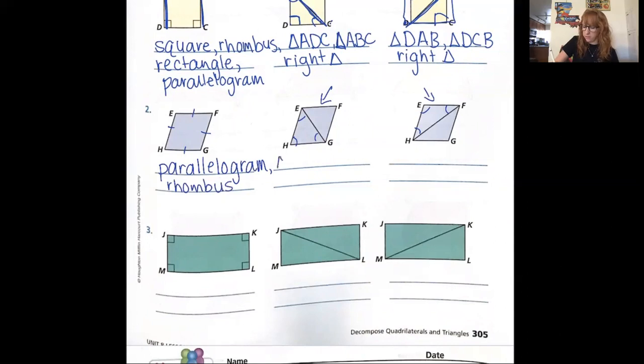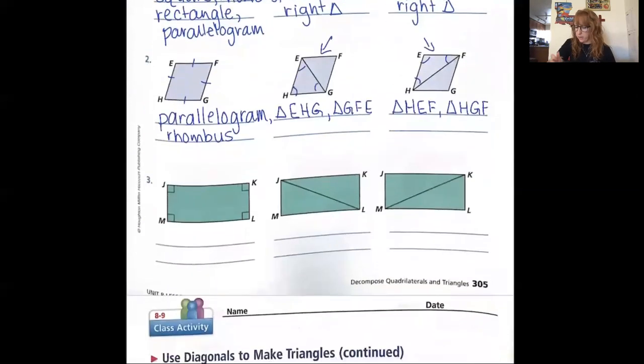Then don't forget, when you're naming the triangles, to put the letters. They don't have to be in that order, but make sure that you have those names, H, G, F.